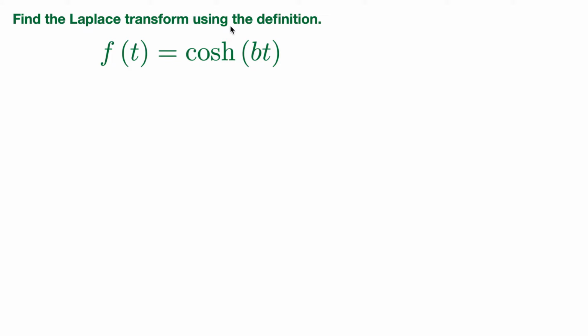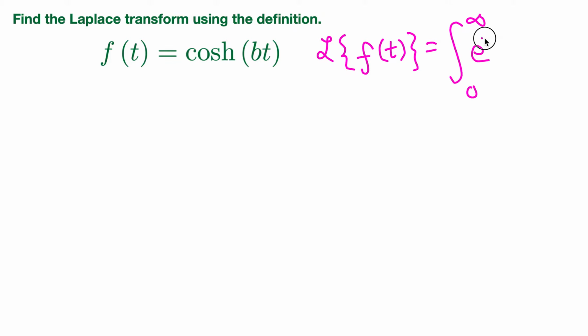Laplace transform using the definition for this function cosh bt. We know that the Laplace of any function, let's say f of t, by definition is the improper integral from 0 through infinity of the kernel e raised to negative st times the function itself, dt.